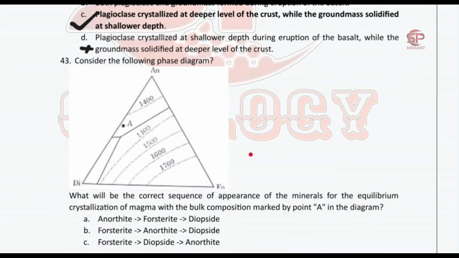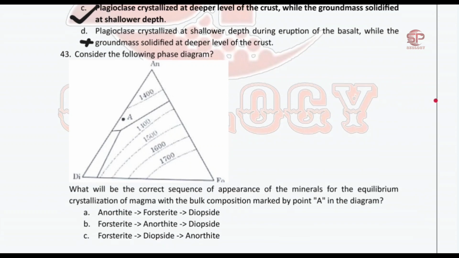Then consider the phase diagram. Correct sequence of crystallization. So this is your A. It is in the anorthite field. To know the direction of crystallization, you just connect anorthite with the A point. Then it will meet the diopside-anorthite eutectic line. So this A will move towards this diopside-anorthite eutectic line. First it will crystallize anorthite because it is in the anorthite field.